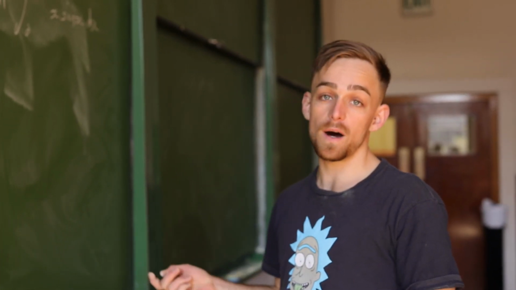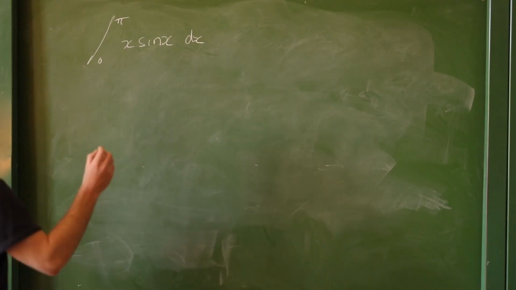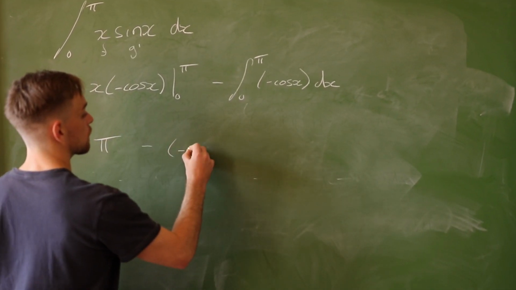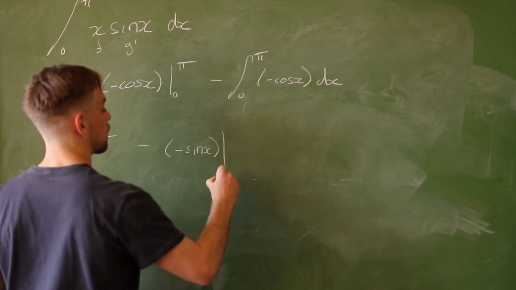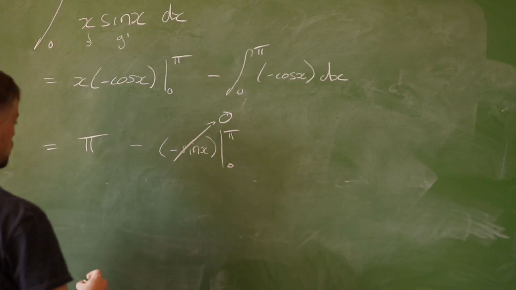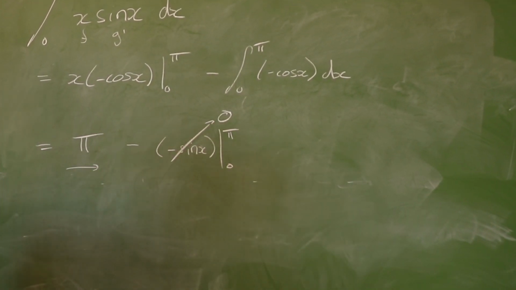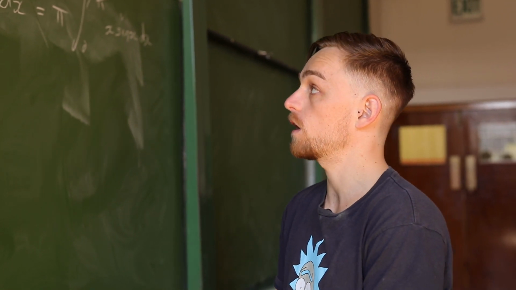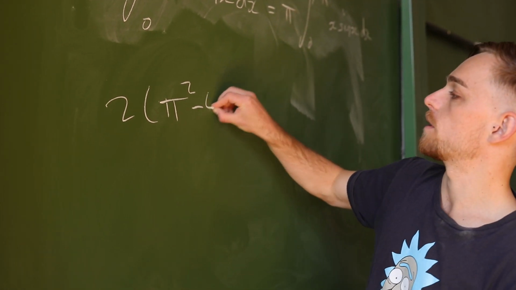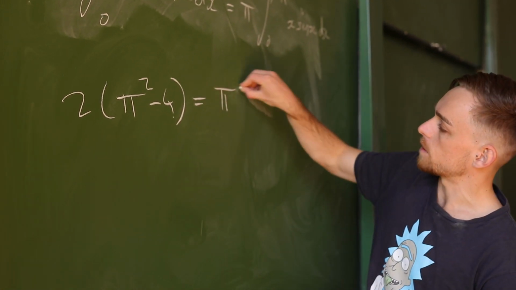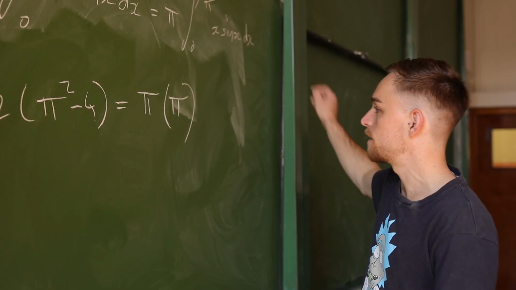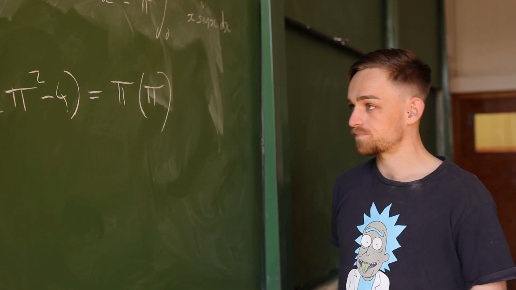And then isolate pi. And once we've done that, we find that the left-hand side becomes 2 times pi squared minus 4, and the right-hand side becomes pi times pi, where pi squared minus 4 is the value of this integral, and pi is the solution to that integral.